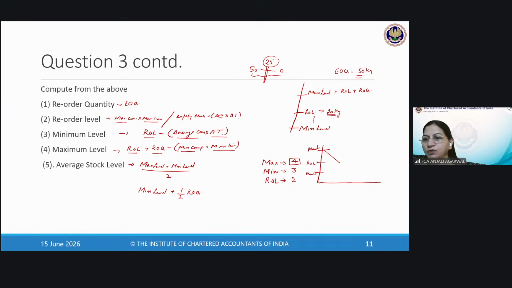The moment it falls at this level, you place an order. And when you've placed an order, you start consuming from this and it falls to the minimum level. And when it reaches the minimum level, you expect to receive your order and you're back to the maximum level. This phase, when you place an order till you receive the order, this is called your lead time.